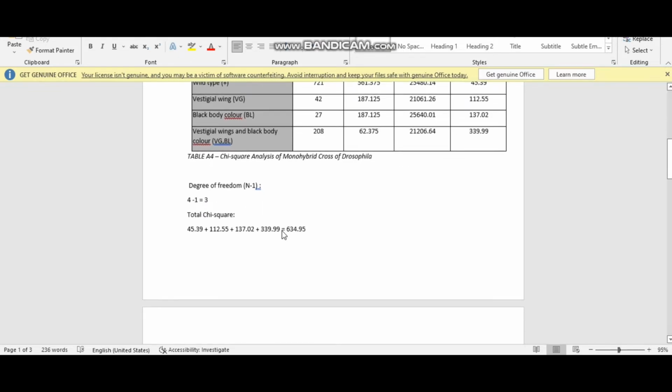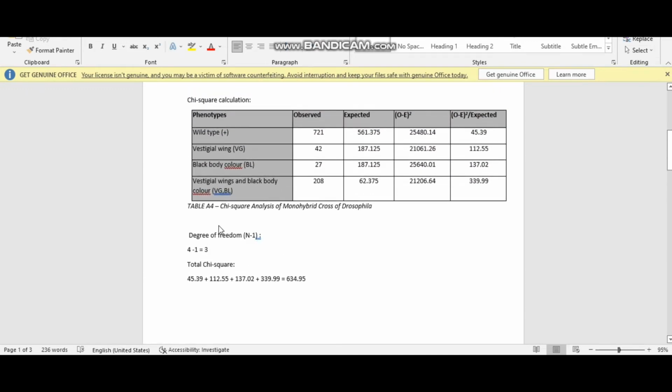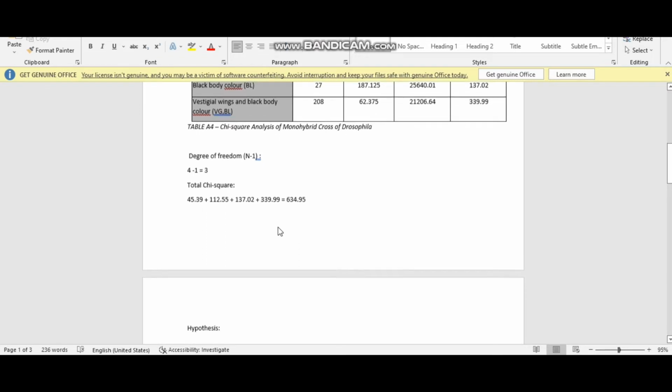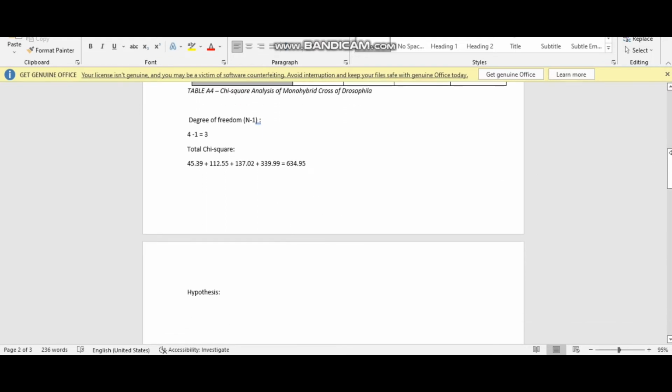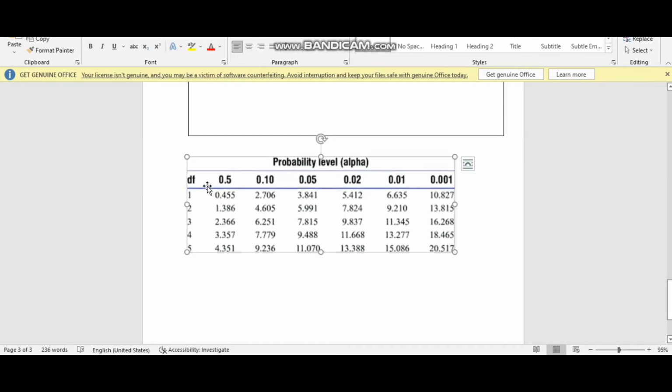So for our hypothesis, we're going to check the degree of freedom and our level of significance using this table. So our degree of freedom is 3 and the significance level of 0.05 is here.